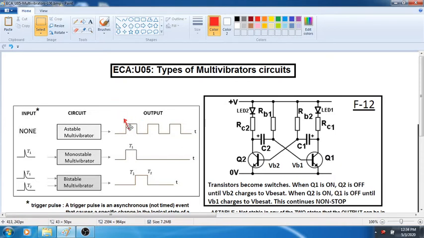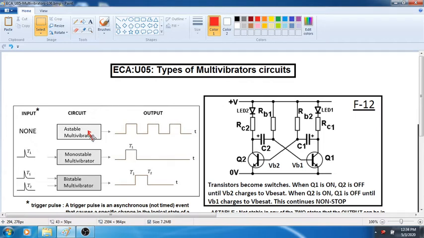We can call this high and low as the two different states of the circuit. Now when do we call a circuit as an astable multivibrator? Let us try to understand that.